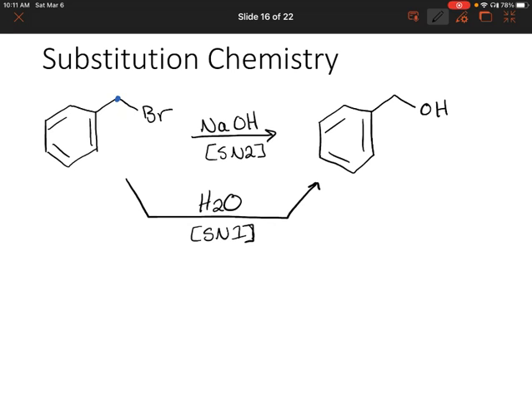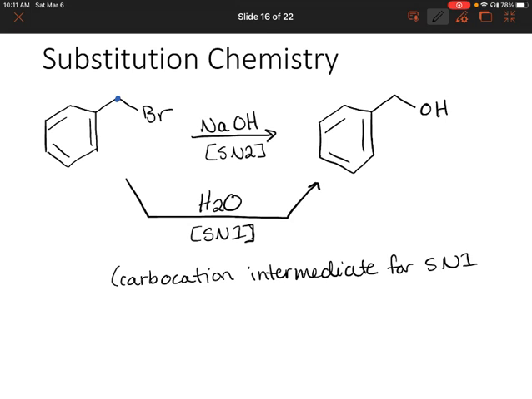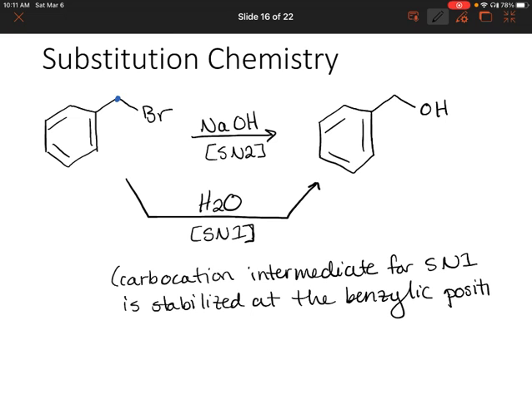So remember the carbocation intermediate for SN1 is stabilized at the benzylic position due to resonance. So you could do either SN1 or SN2. It would just depend on whether you're using a strong nucleophile or a weak nucleophile, which mechanism it goes through.